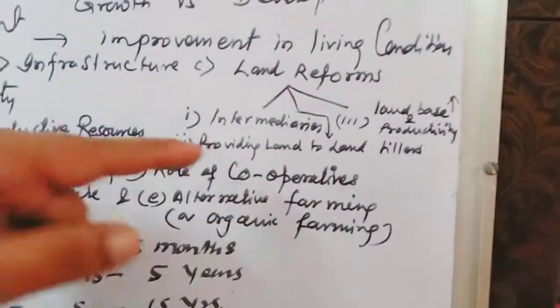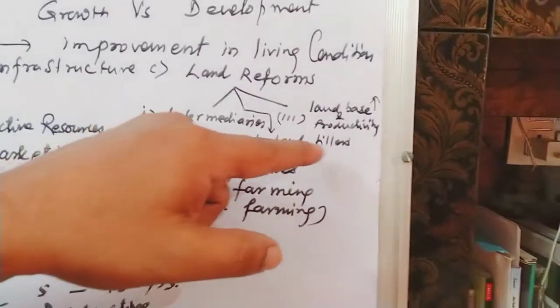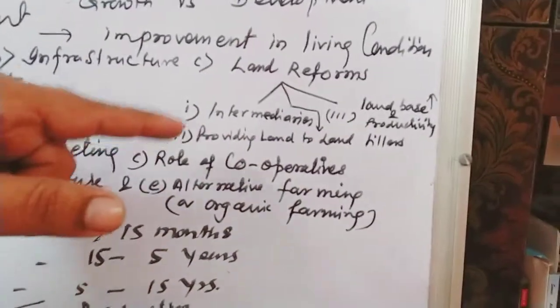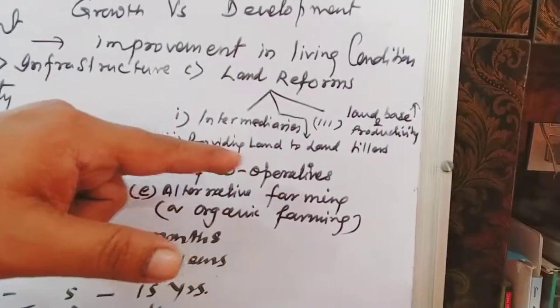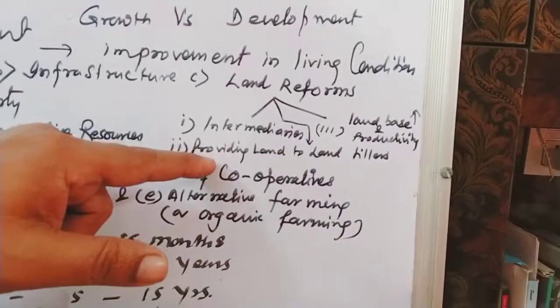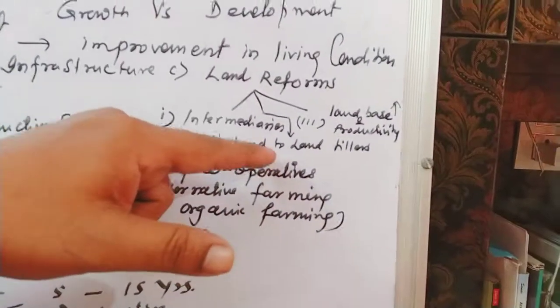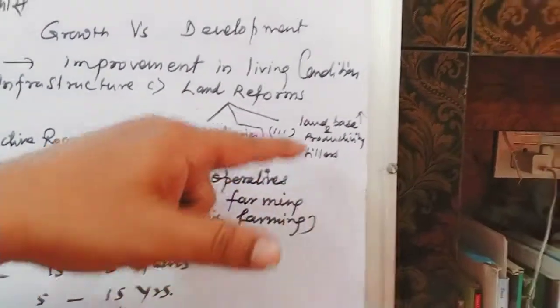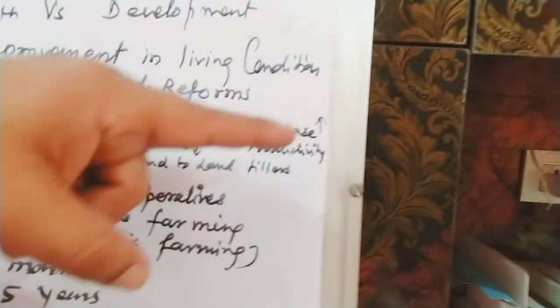Second is providing land to the land tillers, because the owner is somebody who is not living there, and the tillers do the tilling, but a larger portion they have to pay back to the landlords. And third is that the land base needs to be increased, and productivity also needs to be increased.